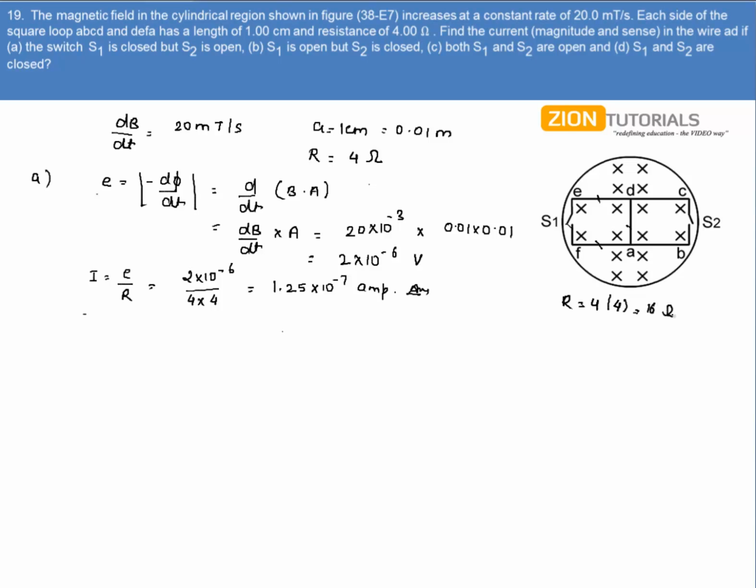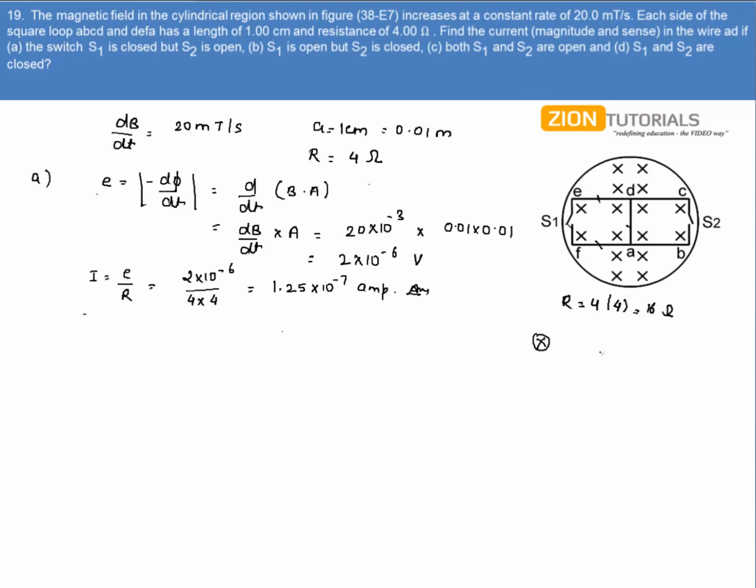Now to calculate the direction in this wire AD, we have the magnetic field inside the page, denoted by X, and it is increasing. So the current in this loop will be induced such that it can reduce the effect of the magnetic field.